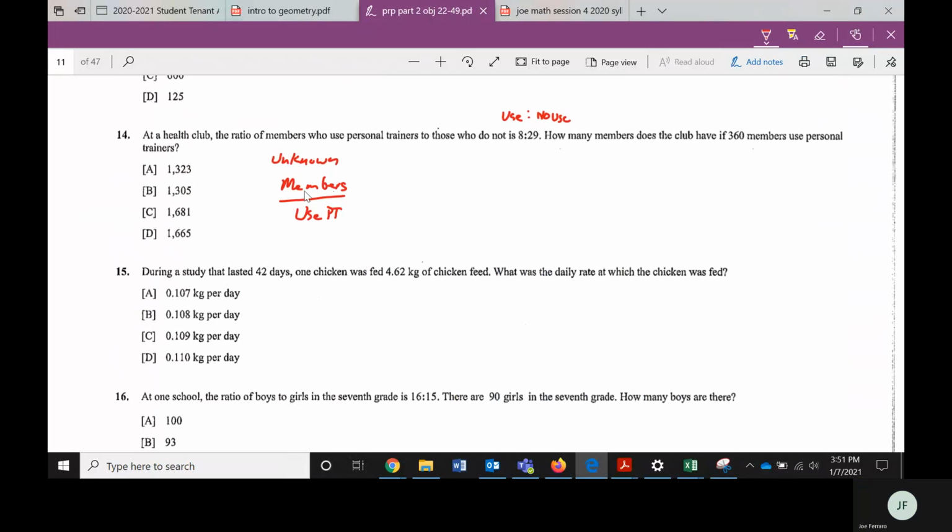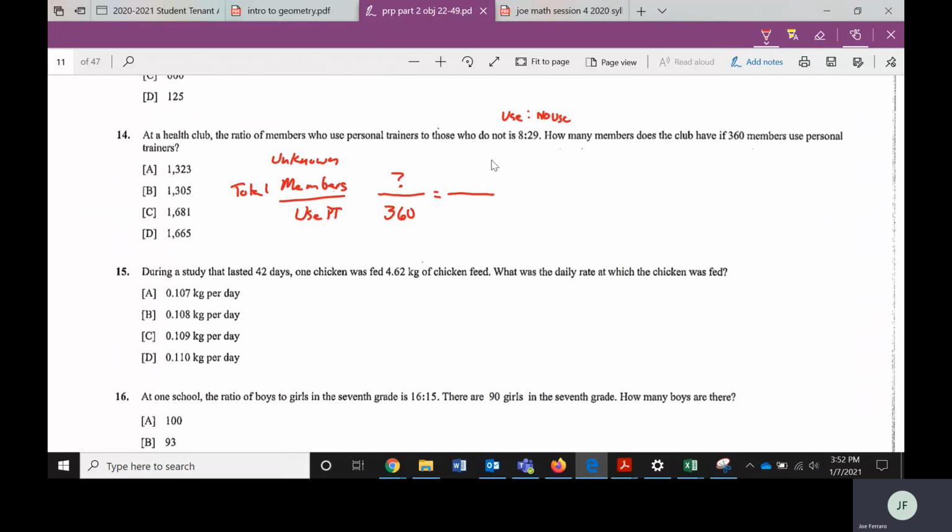So if you need more clarification, this top number, because it just says how many members, it doesn't say use or don't use. So this is actually a total. Okay, so for the question, that's what it's asking. How many members are there? We don't know that. If 360 use personal training. So now we got to look at our known pair.